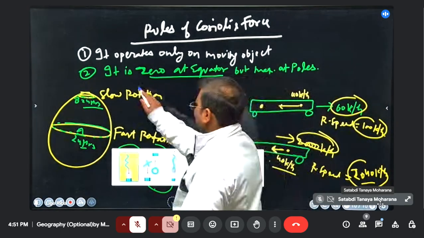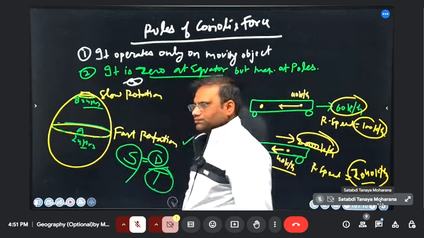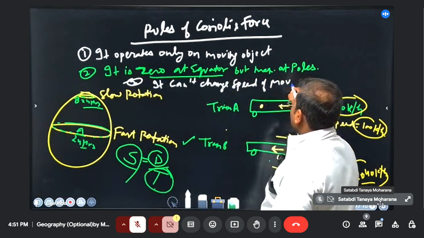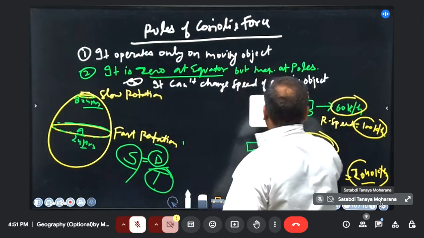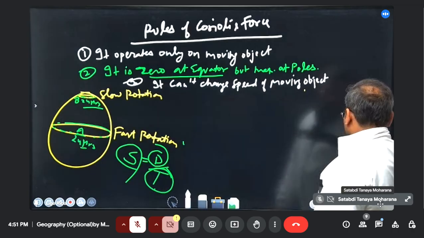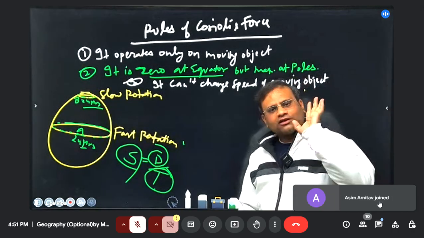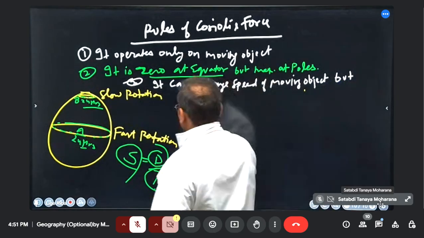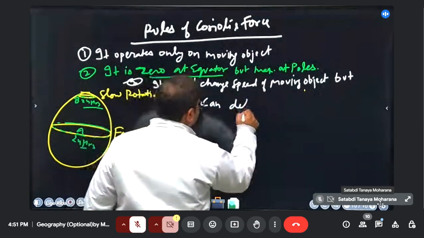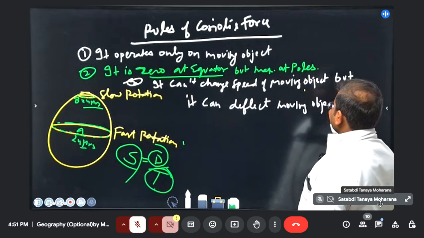Okay, third rule. Coriolis force can't change the speed of a moving object. What it can do is deflect a moving object, which means it can change the direction.